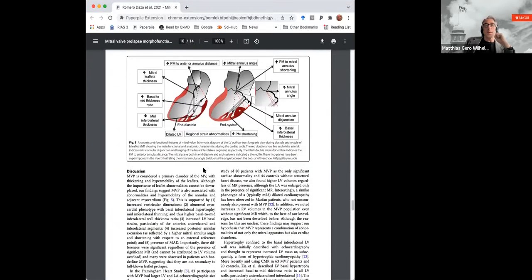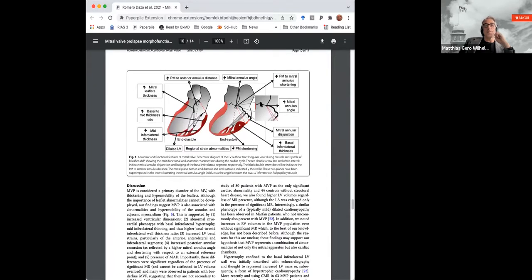The other interesting aspect I found in this paper was that the angulation of the fibers may have a significant role both in the pathogenesis, in the course of the disease, but also of course from a diagnostic angle.